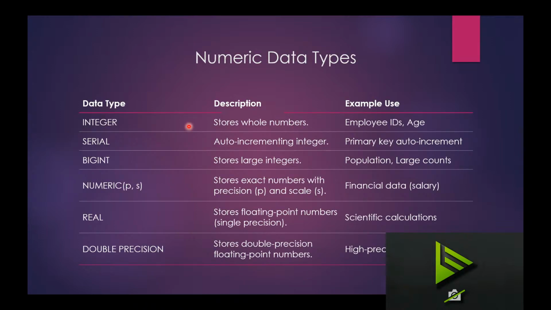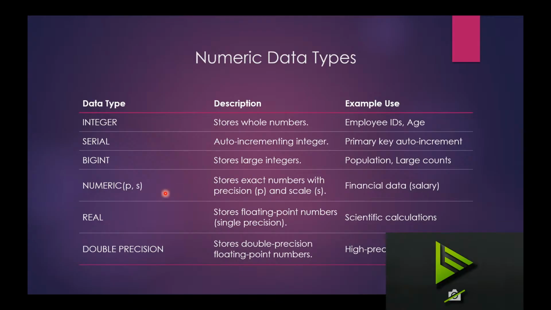So, what types of data types and constraints can we use in SQL? First we will see the data types. Numeric data types: first is INTEGER, that is 1, 2, 3, a serial number auto-generated from one in a sequence. BIGINT stores large integers, such as population or large accounts.